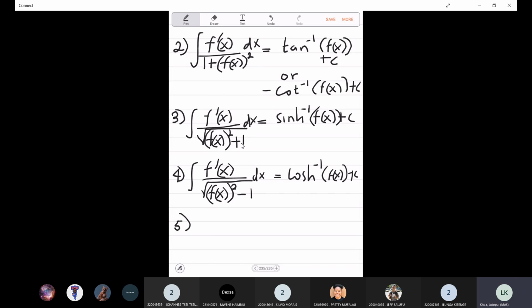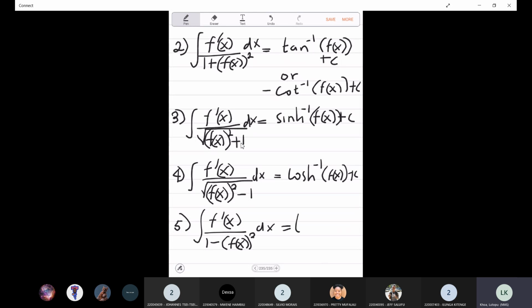Number 5, the integral of f prime of x over, no square root here, 1 minus f of x squared dx.